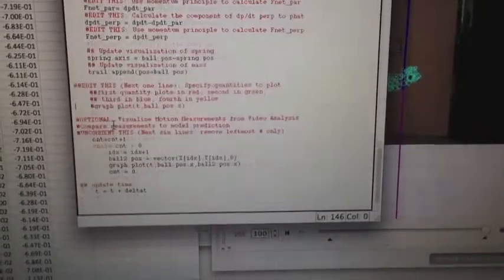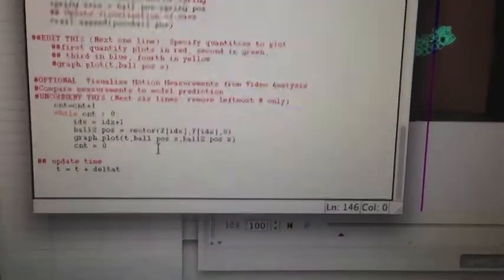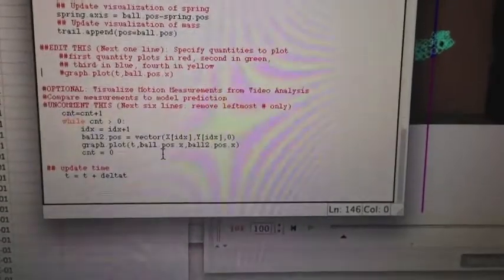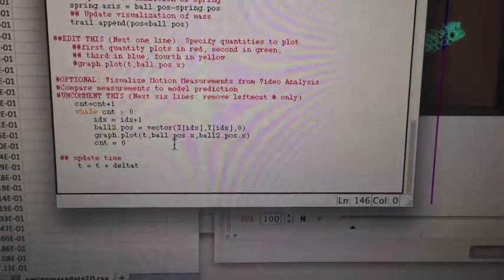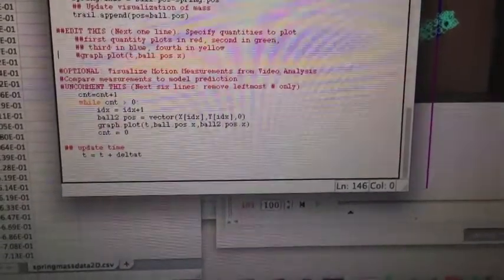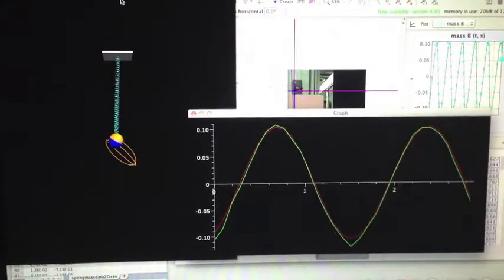Then if we go down here to the bottom, this was the code that's going to show the two different balls, ball 1 and ball 2, which is our model, and one which is the simulation. So we're going to look at the X one right now. When we run this model, here we notice it running, and you're going to see the graph over here is outputting a green line and a red line.